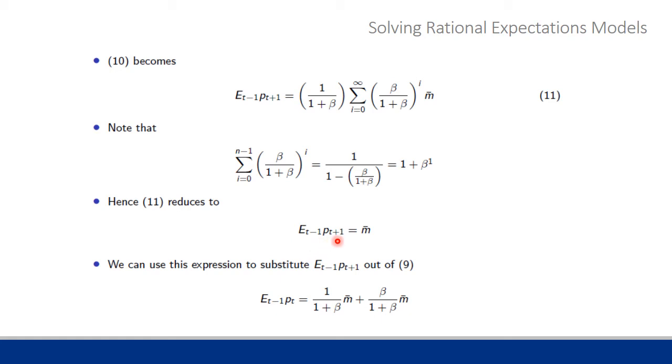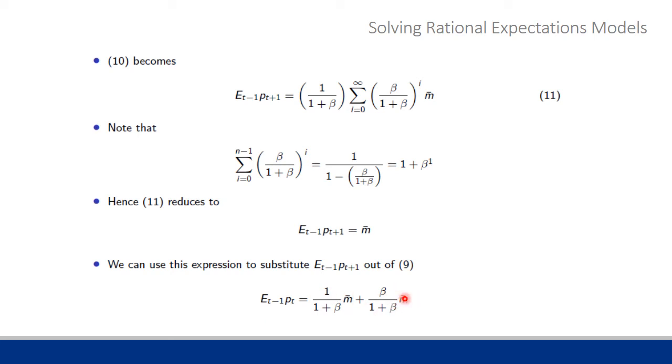To get rid of E_t P_{t+1}, we have our solution for E_t P_t equal to 1 over 1 plus beta m bar plus beta over 1 plus beta times E_t P_{t+1}, which just becomes beta over 1 plus beta m bar. So we have rewritten our equation 9, our solution for E_t P_t, replacing E_t P_{t+1} with m bar.